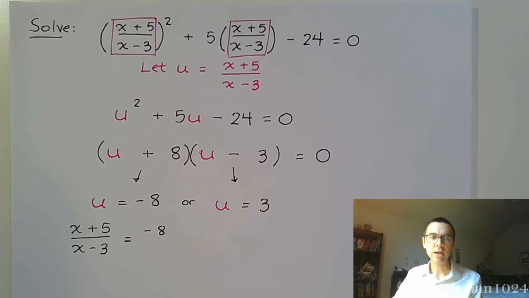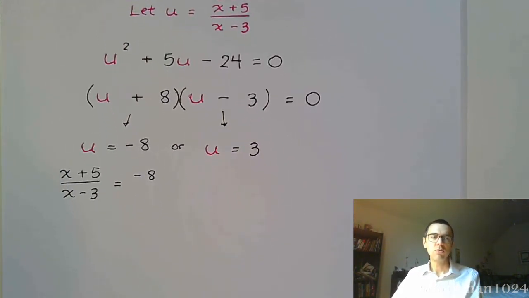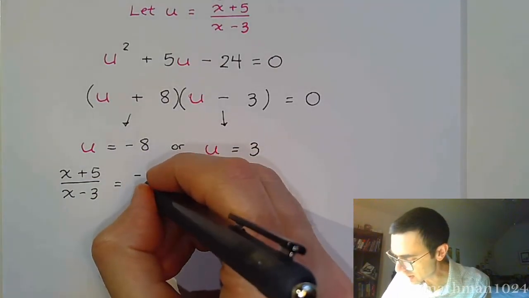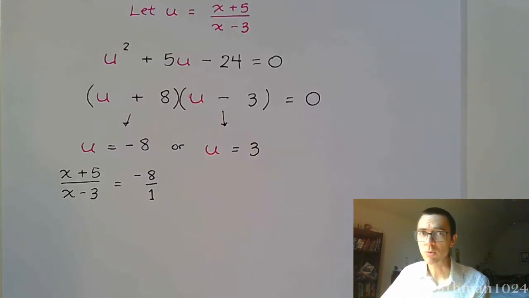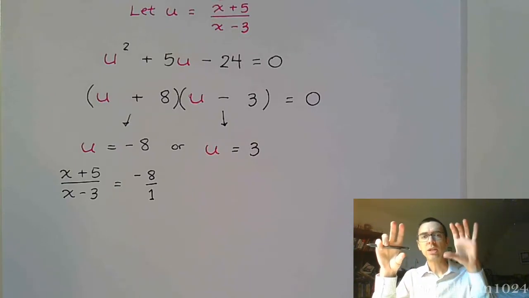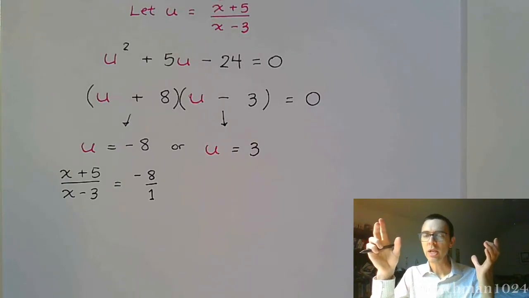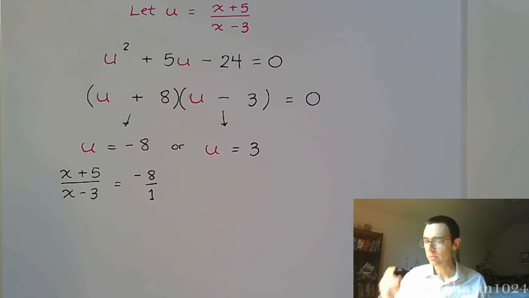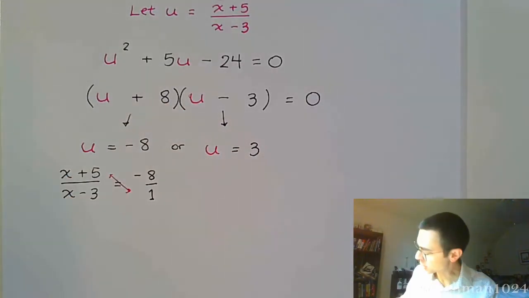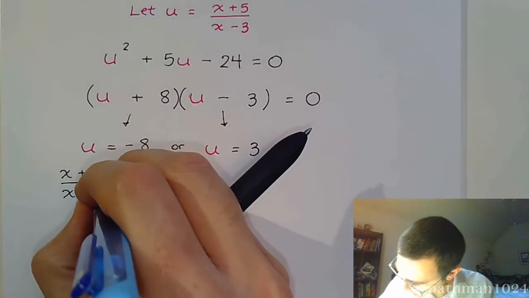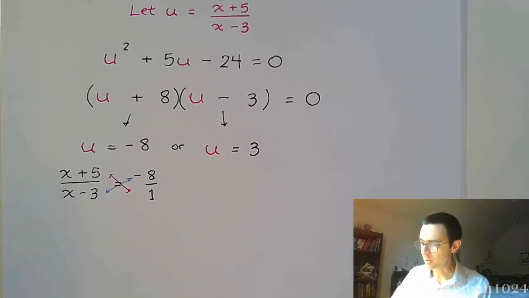Now, seeing that I have what looks to be a rational equation, I'm going to rewrite the negative 8 as negative 8 over 1. One of the things we talked about in our video yesterday when we were solving rational equations is that when you have a fraction equal to a fraction, that's a proportion, and you can set the cross products equal. So that's what I'm going to do here. That cross product is supposed to equal that cross product.